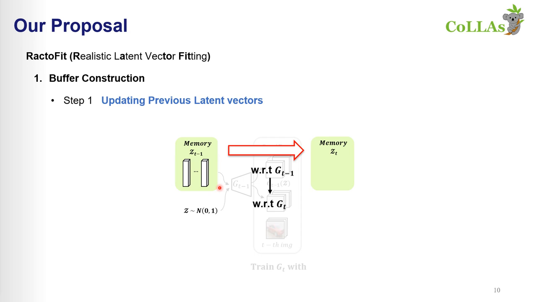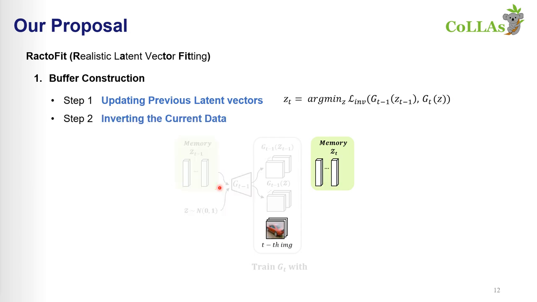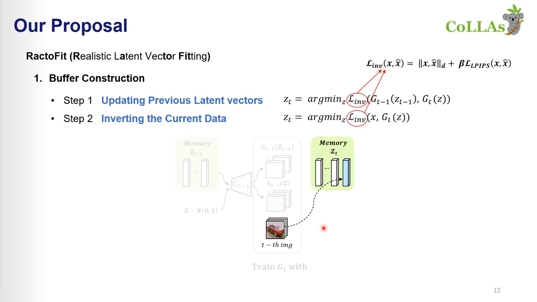So we update latent vectors in ZT-1, inverted using GT-1, to the vectors inverted by GT using this equation. And then we invert a particular number of current task images with this equation. For the inversion loss function, we adopt L1 or L2 norm-based per pixel distance combined with the LPIPS metric.